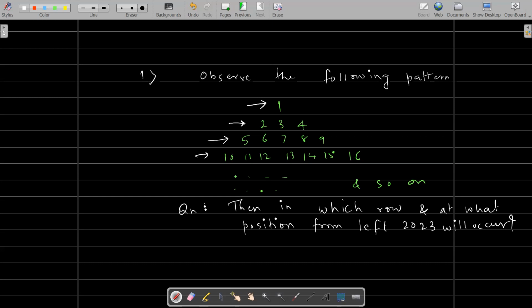Observe carefully the pattern and, based on that, think about where 2023 will occur, in which row, and at what position.